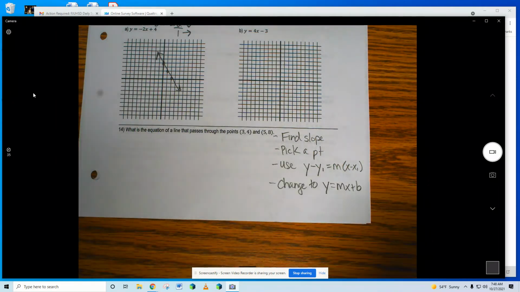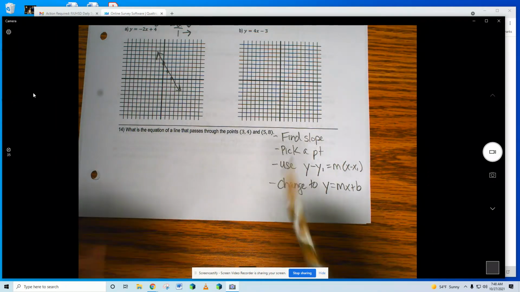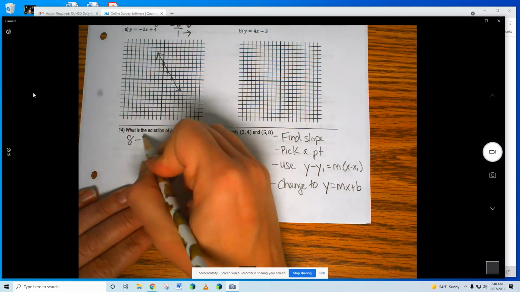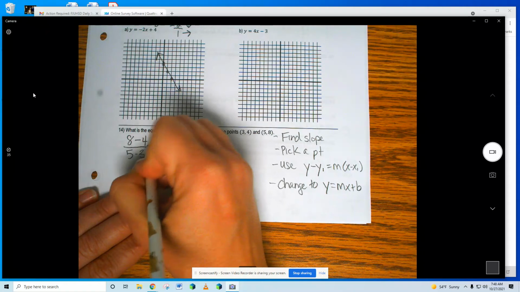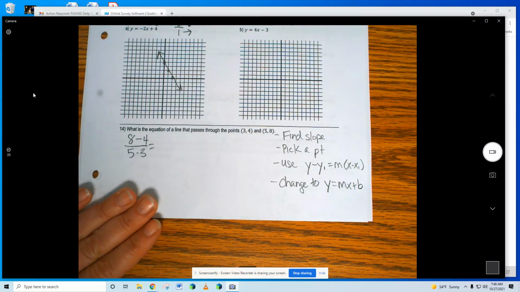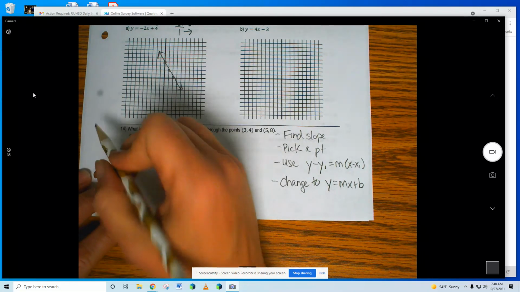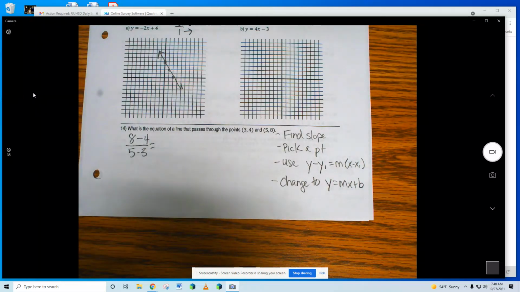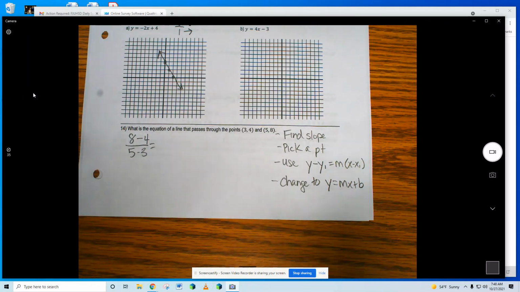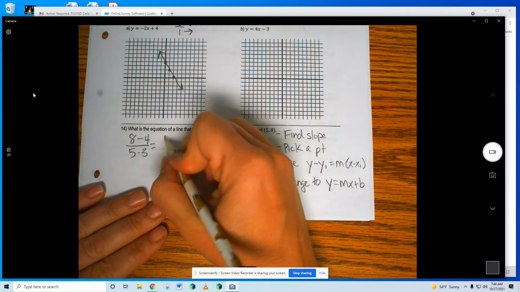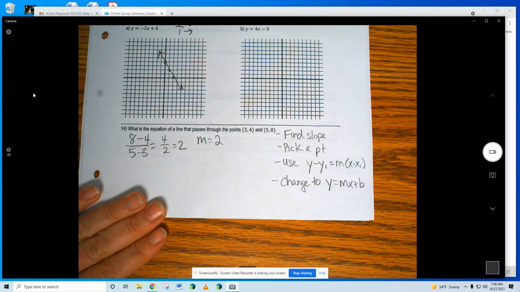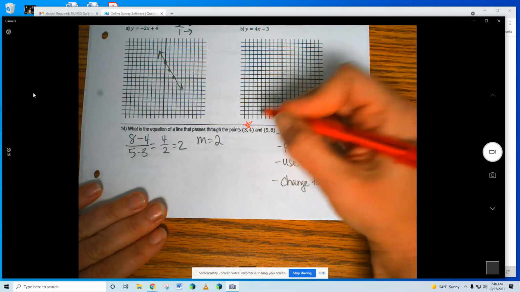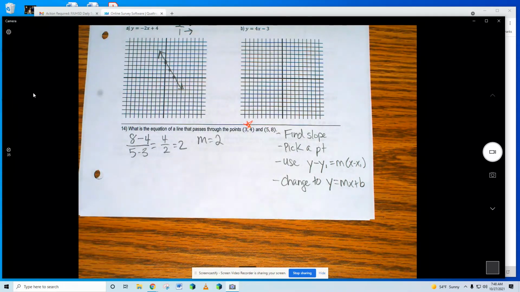Good. The slope is 8 minus 4 over 5 minus 3. Y minus y over x minus x. 4 over 2. 2. Slope is 2. And then I'm going to pick the easiest point. I think 3, 4 is the easiest point, personally.